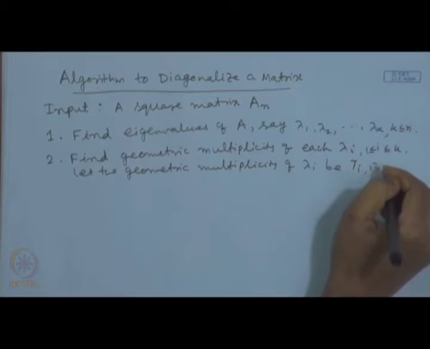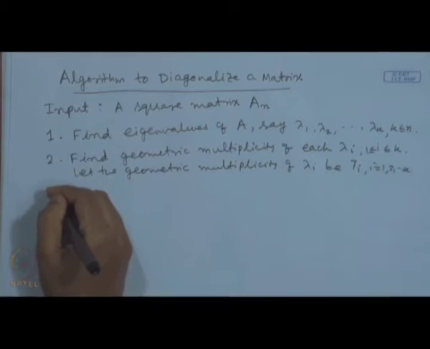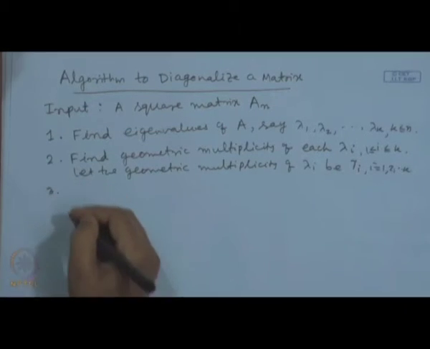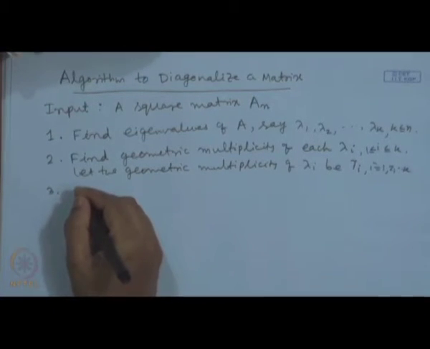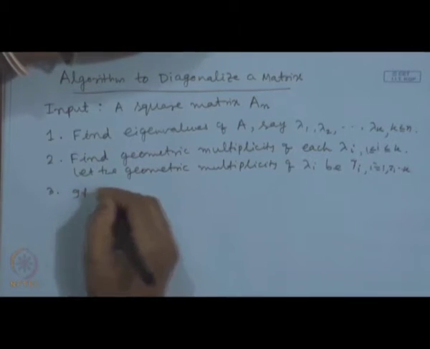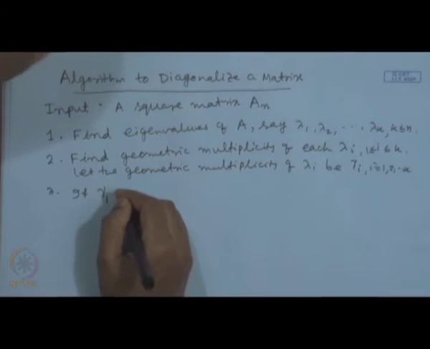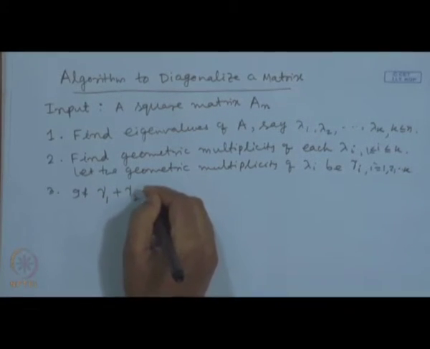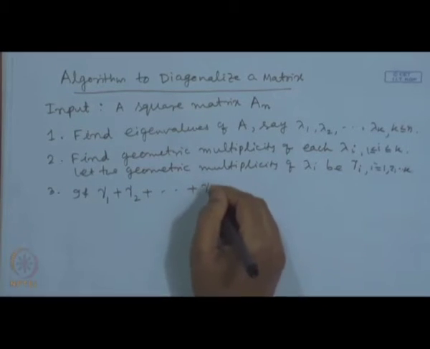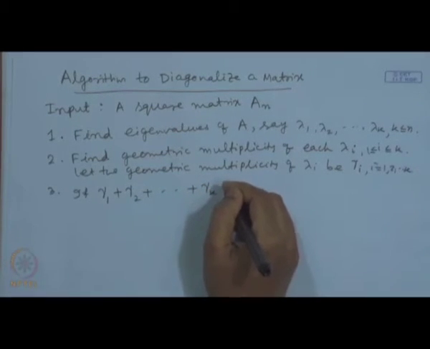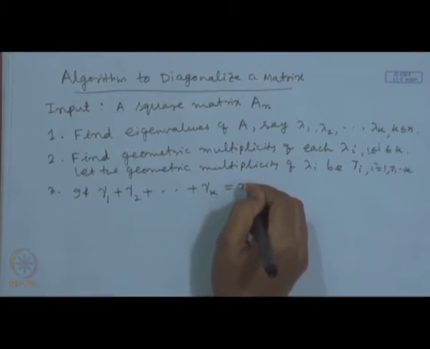Then the third step is that we check whether the sum of the geometric multiplicities, gamma 1 plus gamma 2 up to gamma k, is equal to n.